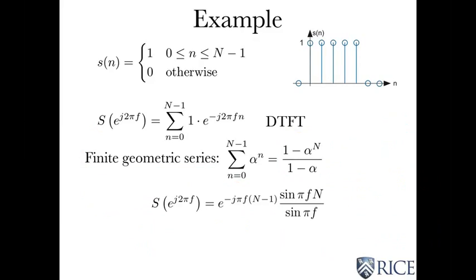So we get an answer which should look fairly familiar with what we've done in the analog world. We have a linear phase, which is to be expected, and then because of the way the math worked out, we get a sine over sine, and this is called the digital sinc. We define the digital sinc to be sine Nx over sine x.